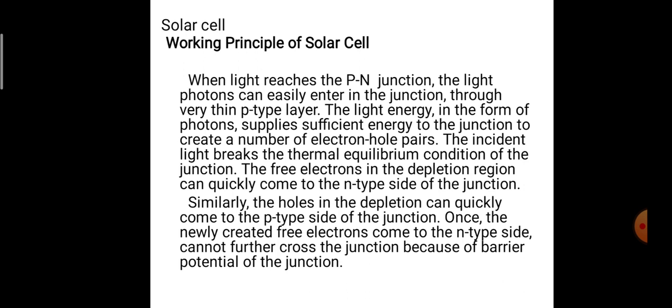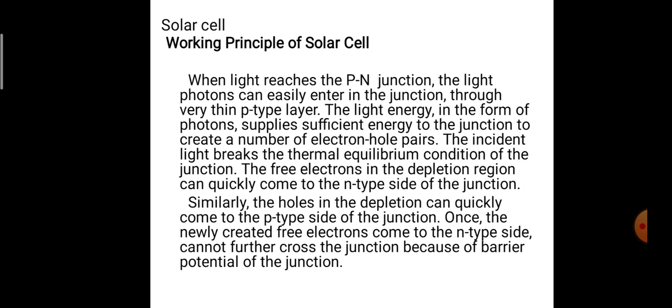The incident light breaks the thermal equilibrium condition of the junction. The free electrons in the depletion region can quickly come to the N type side of the junction. Similarly, the holes in the depletion region can quickly come to the P type side of the junction.